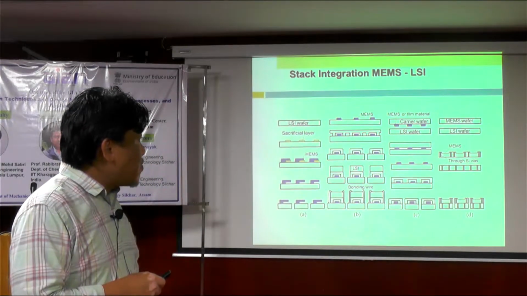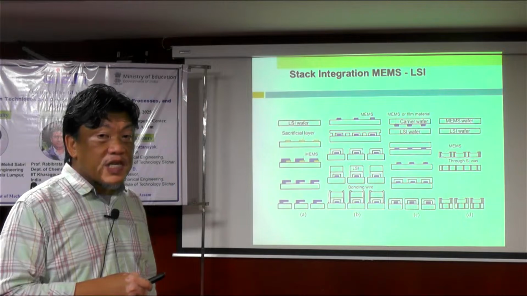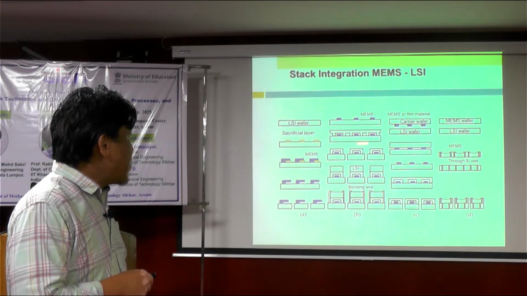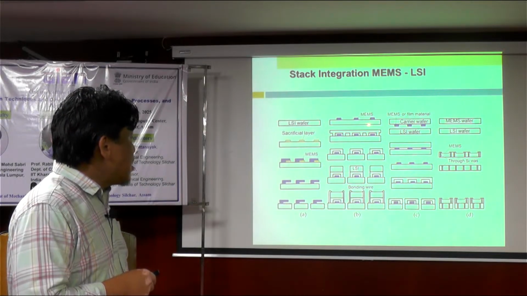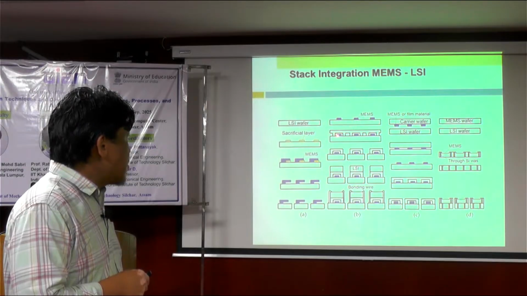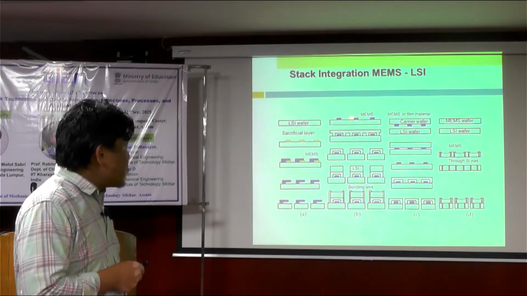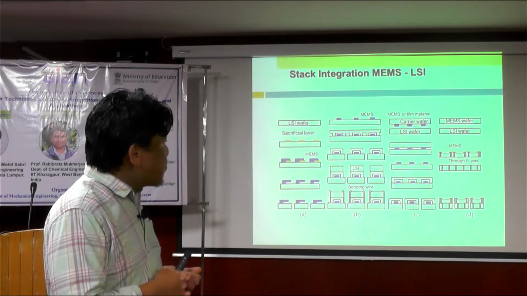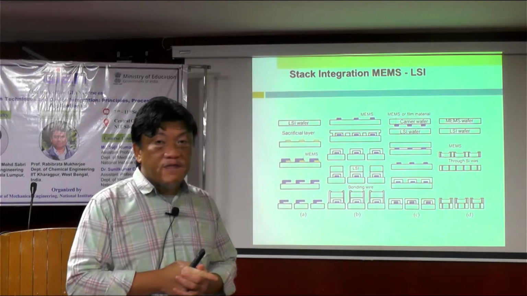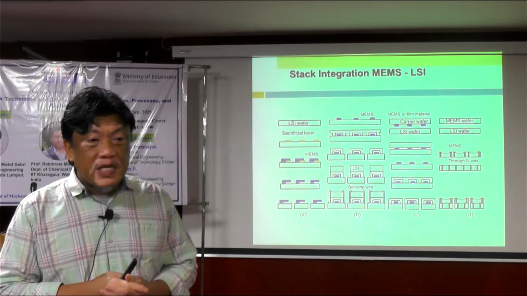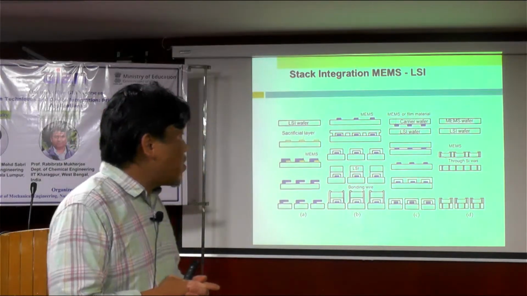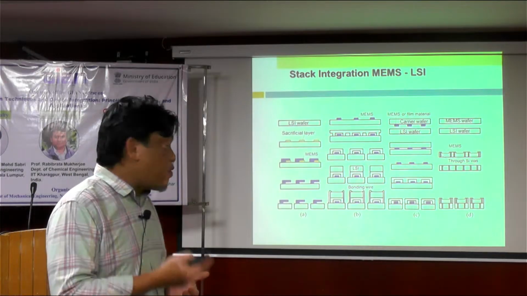So we now have a 3D chip, for example, by stacking the MEMS or the electronic components in a vertical way. In MEMS, in order to improve performance, to have more compact devices, and to have good power consumption.